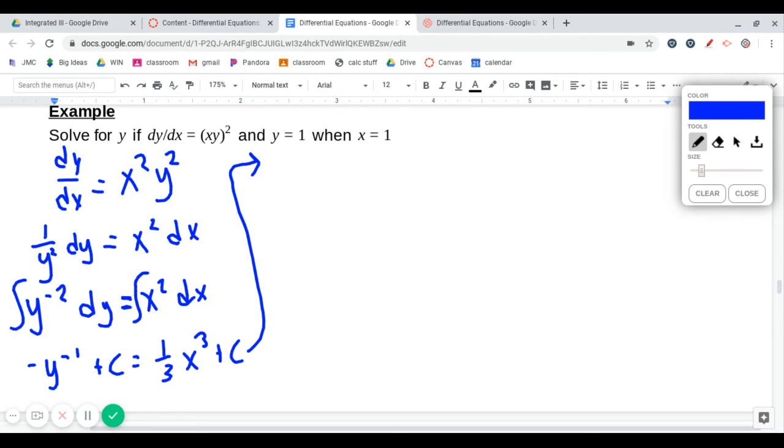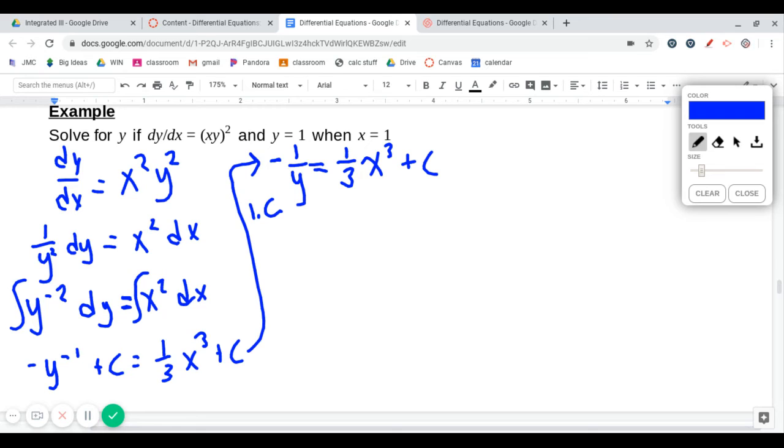All right, so we can simplify this a little bit to become negative 1 over y equals, we'll combine the c's just like we did in the last problem, 1/3 x cubed plus c. Now we'll use our initial condition.